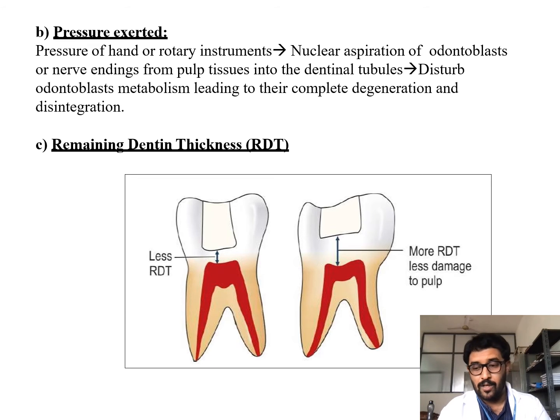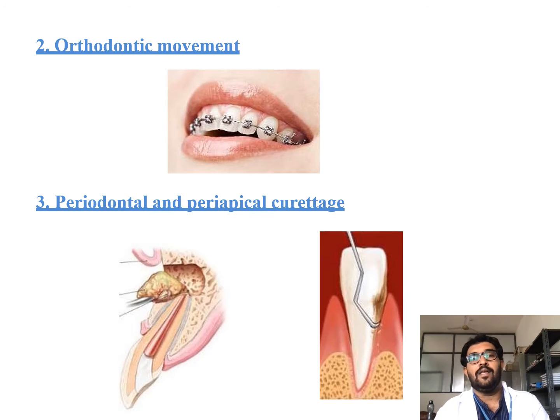Got it? Next is orthodontic movement. This is a simple thing, but I will explain it in an easier way. When you start with the ortho treatment, imagine how the pain comes, how the odontoblast acts, how the odontoclast acts. When you apply braces, the adjacent bone starts dissolving.